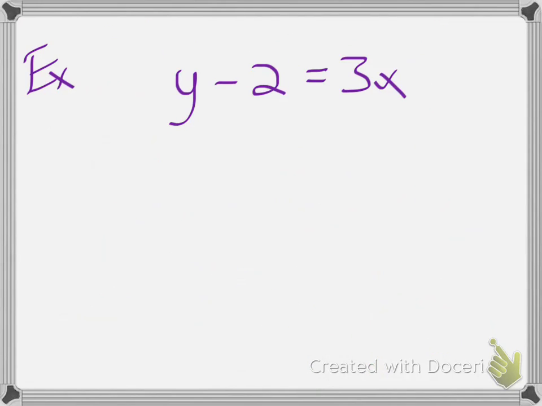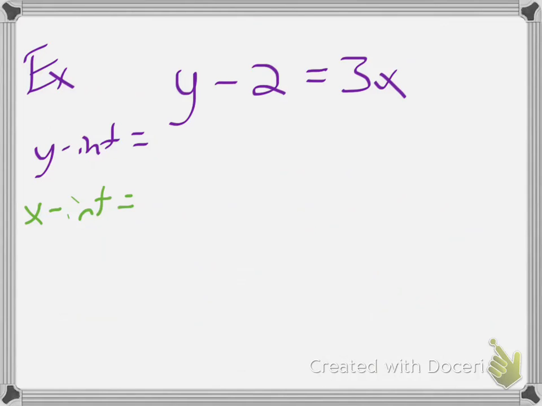So let's do another one. We want to find our y-intercept first. I'll put x-int down here because we're going to find that next. So y-intercept. What is x when you're trying to find the y-intercept? X is 0.